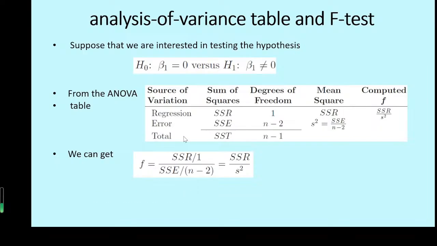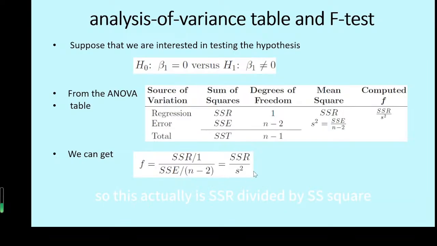So we will use this ANOVA table to form an F statistic, which is the division of SSR by SSE and their corresponding degrees of freedom in the denominator.